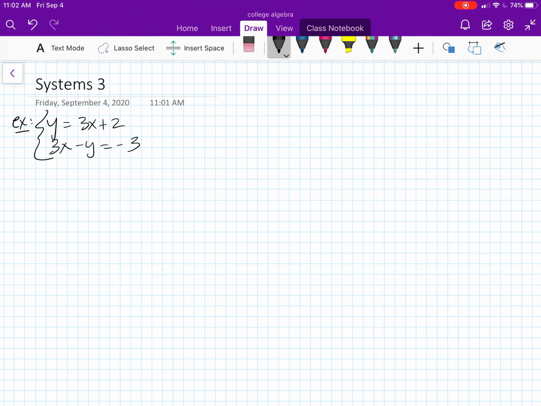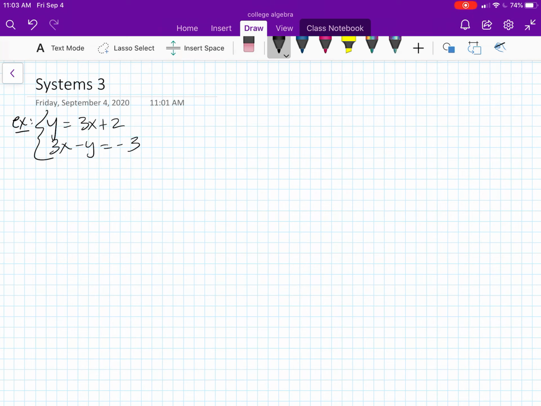So I always want to solve these algebraically. A graph, sometimes it's hard to get the accuracy and sometimes just tedious. It's very time consuming to graph functions and find the point of intersection, because that is what we're looking for. So often we want to just do it algebraically.